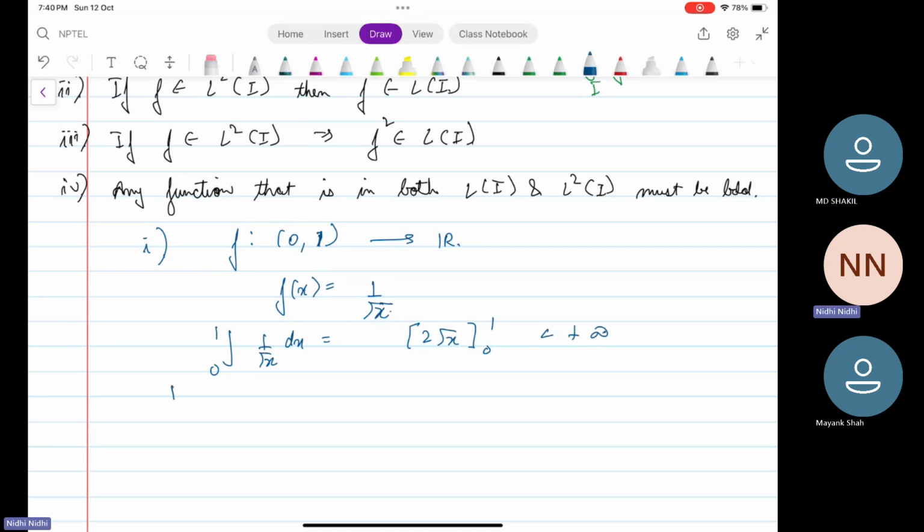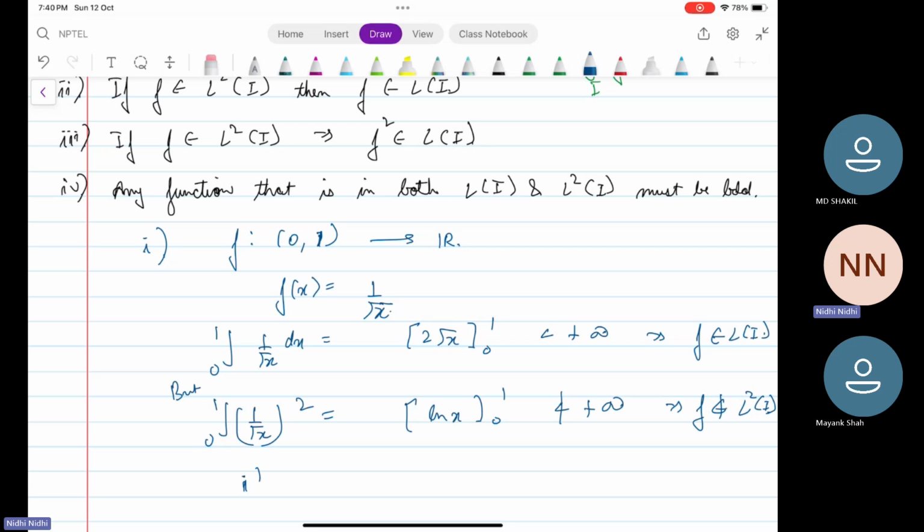That means f belongs to L1, but its square: the integration of 1 by x is ln x, and it has a problem at 0. At 0 it goes to minus infinity. So f does not belong to L2. Therefore, the first option is incorrect.